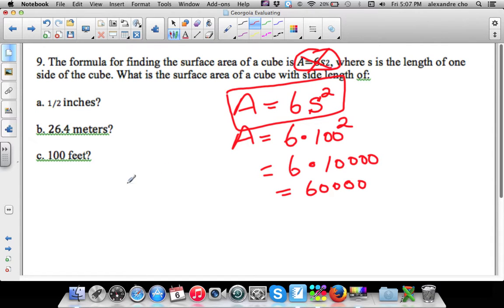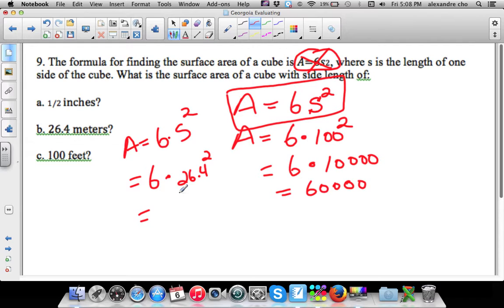Okay? So let's go back to letter B. Area again equals 6 times s to the second power, and hopefully you used a calculator for this. So again, let's replace. It's 6 times s, in this case 26.4, to the second power. Now it's just a bigger number, but the order in which you do this is completely the same.